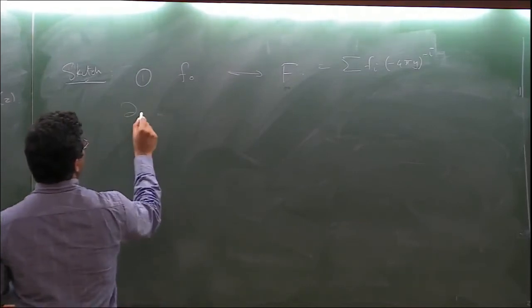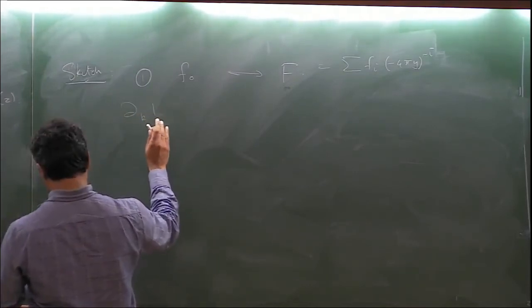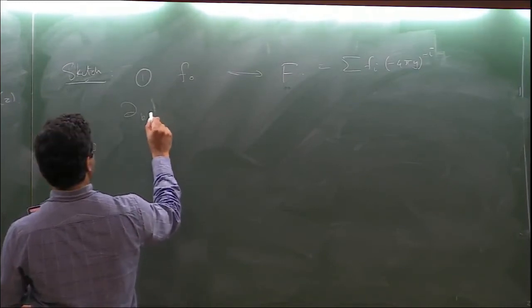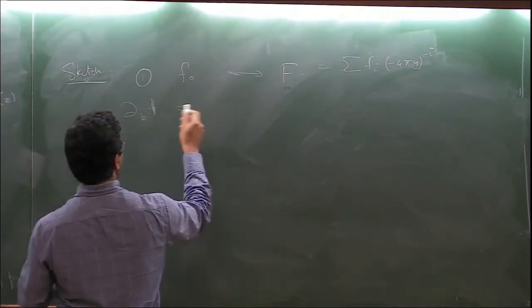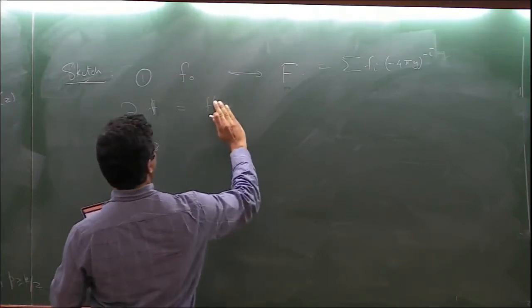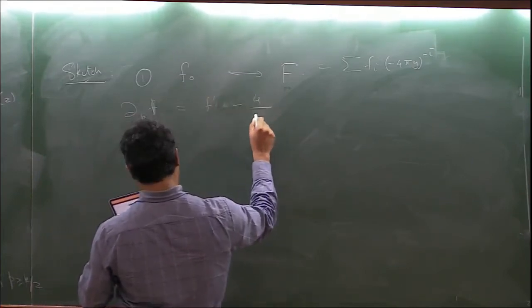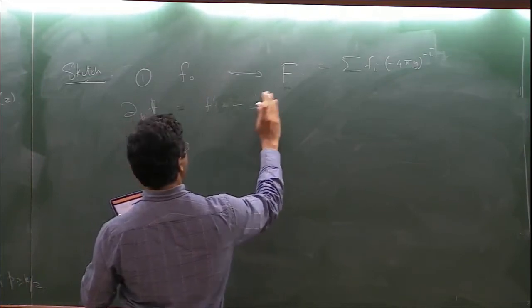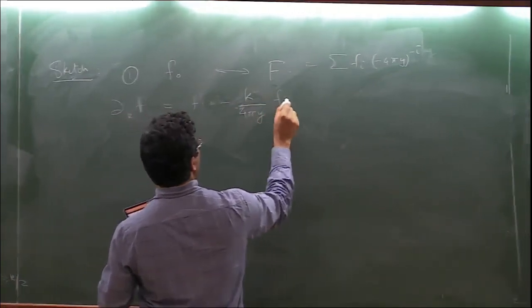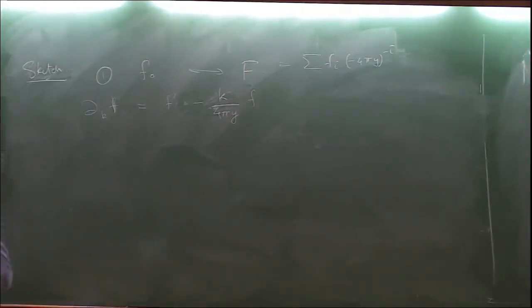And then there's this kind of derivative, which by definition is something like f prime minus k over 4 pi y times f. That's my definition of this differential operator.